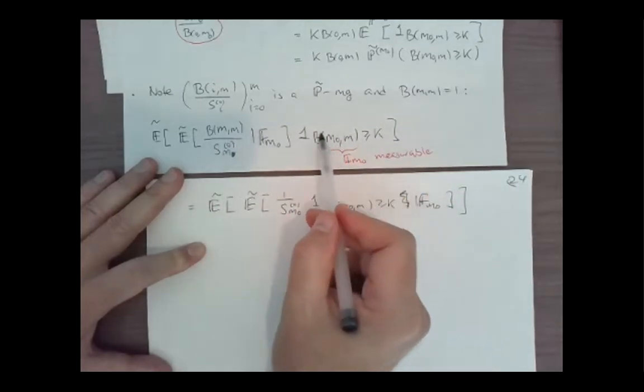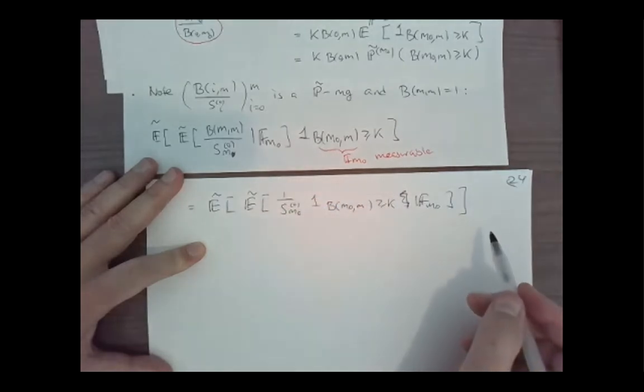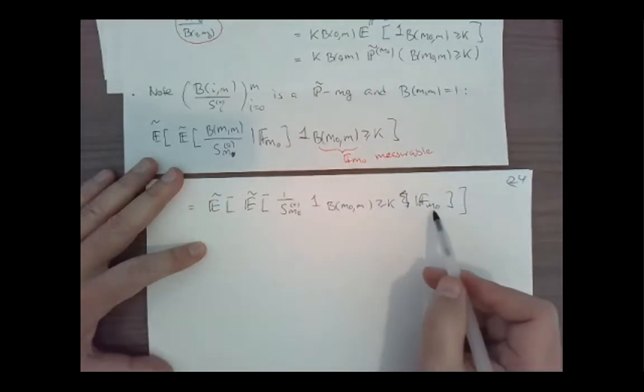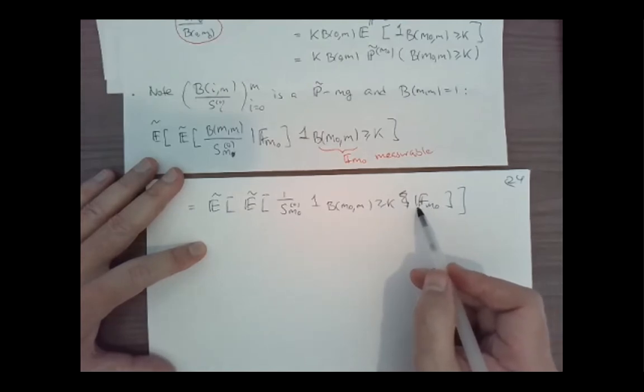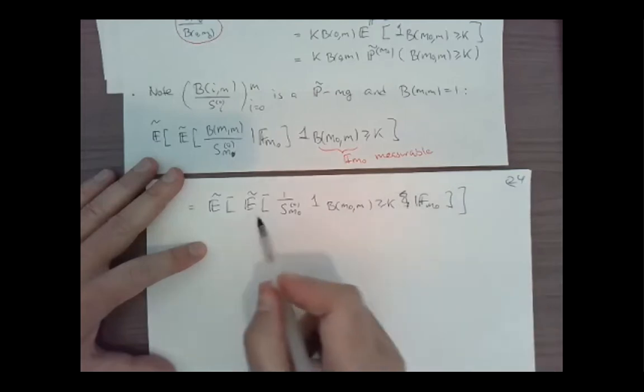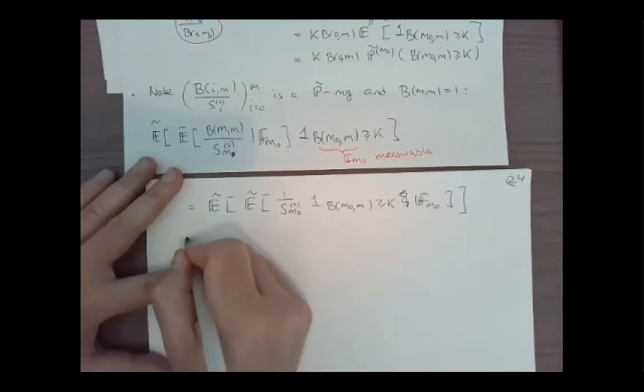This quantity here is measurable, it goes inside. And so now what I'm stuck with here is the expectation of a conditional expectation.